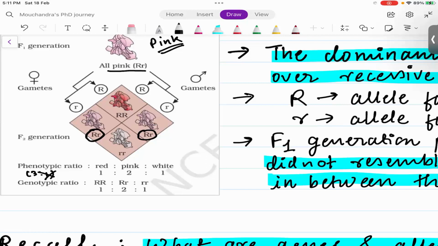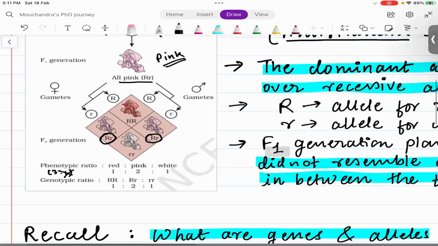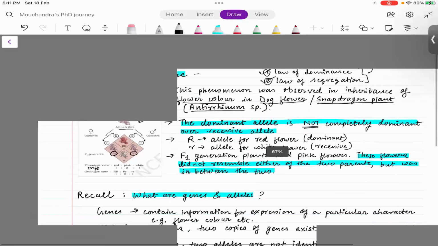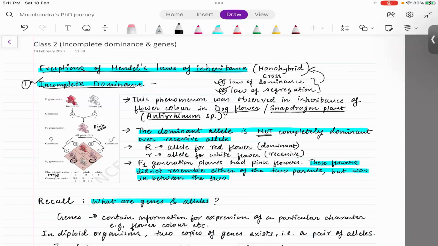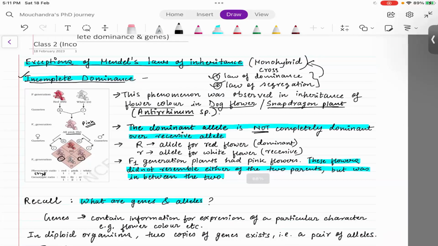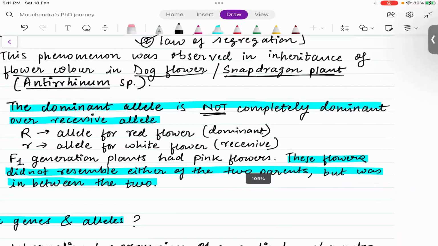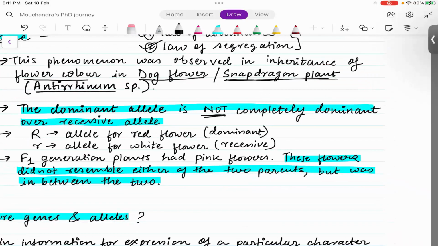This is the phenotypic ratio. Here we can easily distinguish the heterozygous plants from the homozygous ones because these heterozygous plants have a pink color flower. So when this is the case, this type of phenomenon is called incomplete dominance. As it is written here, the F1 generation plants had pink flowers, and these flowers did not resemble either of the two parents, but were in between the two.